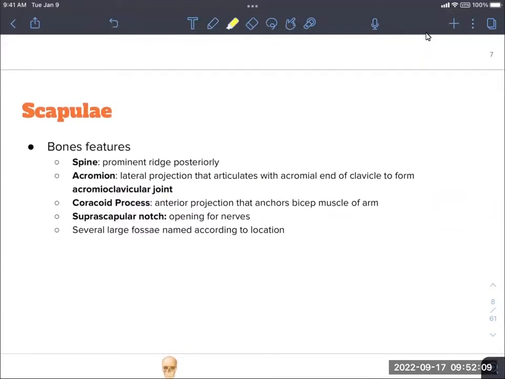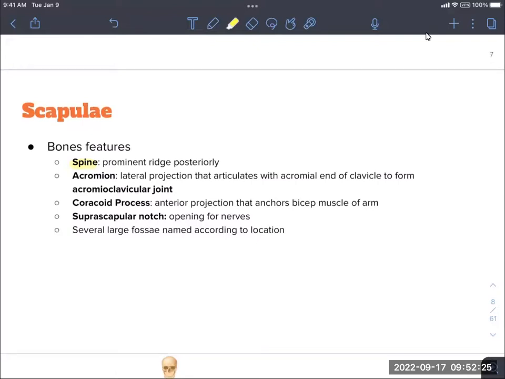We'll look at those when we look at the picture of the scapula, but let's look at the different features on the scapula first. So we have a spine. If you remember from the spinous processes in your back, the spine of the scapula is what sticks out further.